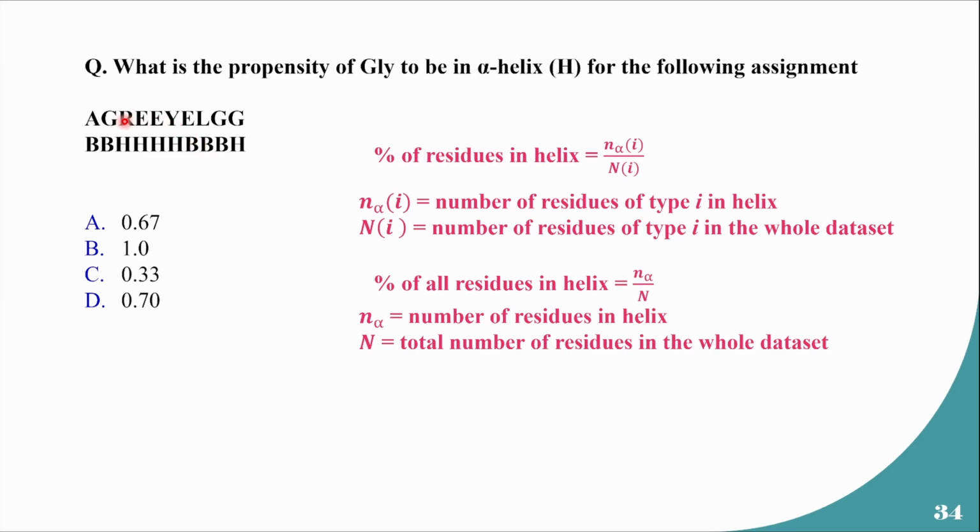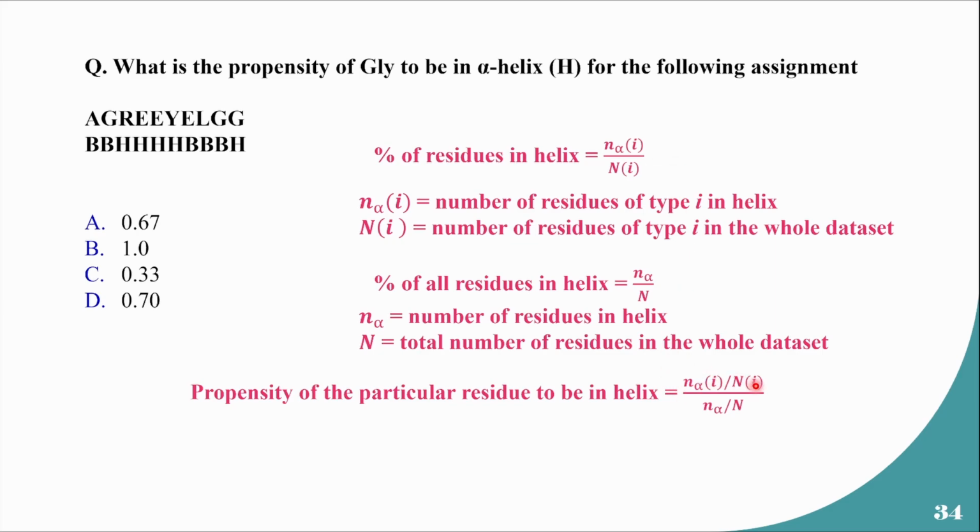For example, type i in this case is glycine. How many of them are present in helix? I can see one glycine corresponding to H, helix. So one glycine is present in helix, and in the entire data set, 1, 2, and 3 glycines are present. So I will get 1 by 3, times 100 if I take a percentage, but it will get cancelled out in the final result anyway. You have to do this calculation.